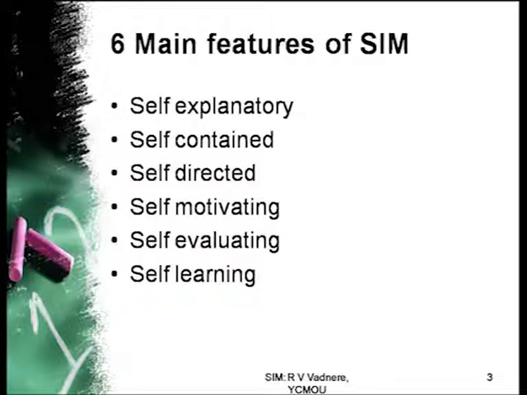Now, let us see how a self-instructional material differs from the usual textbook which we teach in a traditional classroom setting. In short, as an abbreviation, I am using TB to denote the textbook, and self-instructional material is abbreviated as SIM.